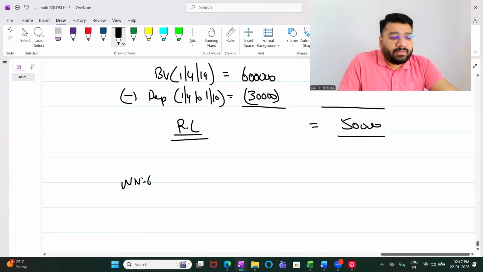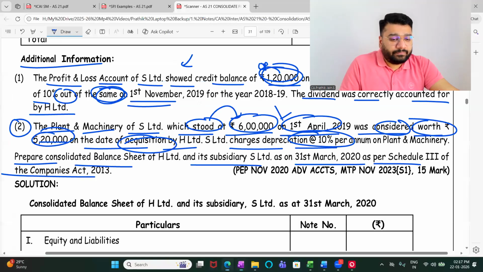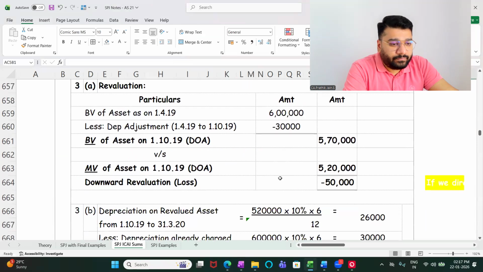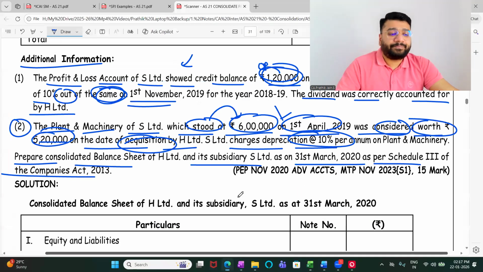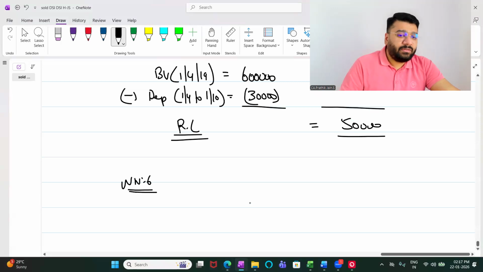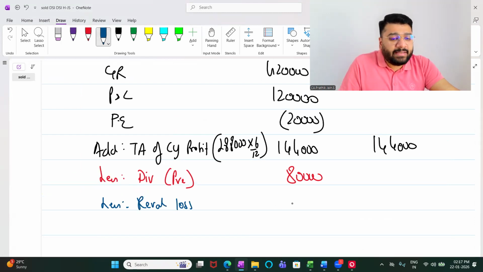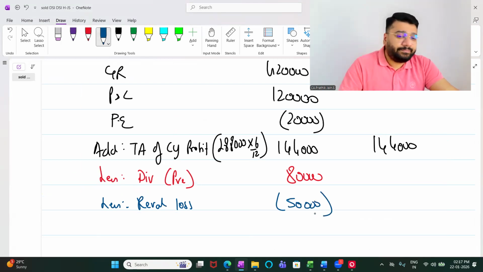So working note number 6. Revaluation loss, what will you do? Less revaluation loss, minus 50,000 from the pre-profits.